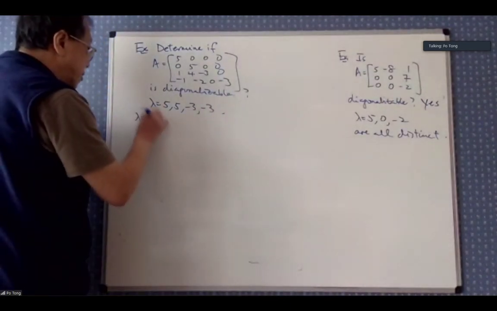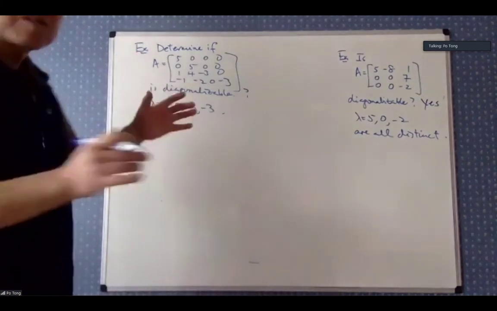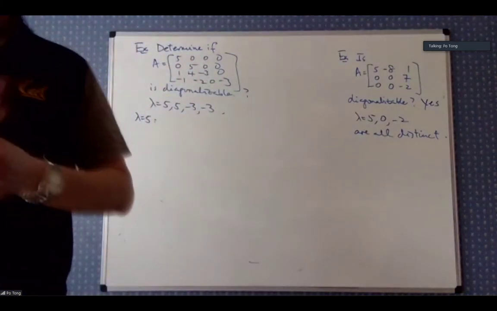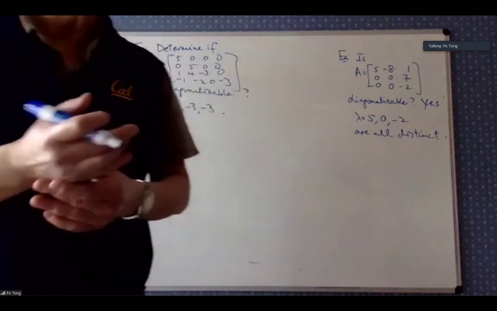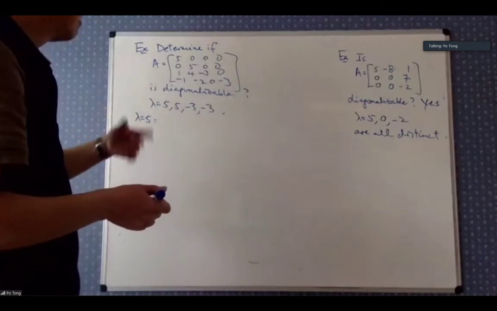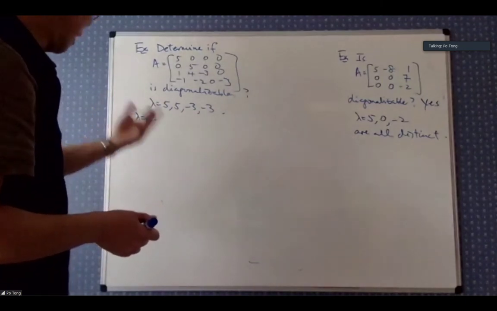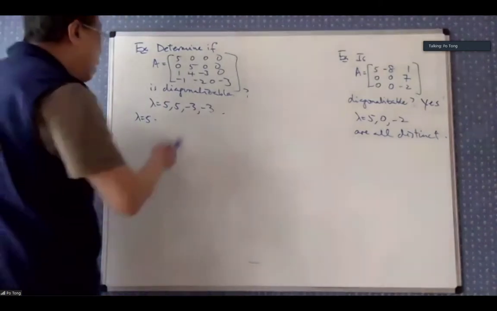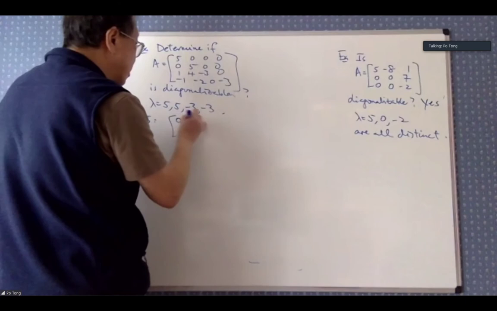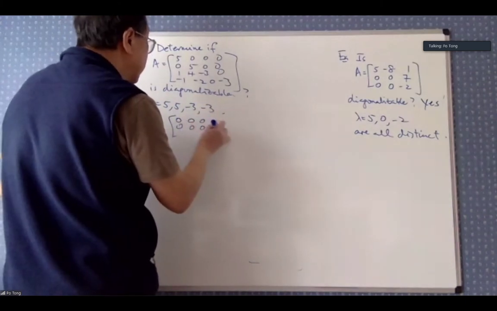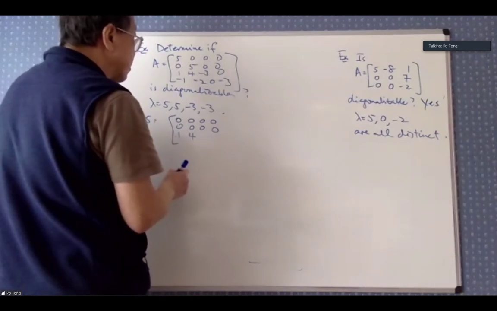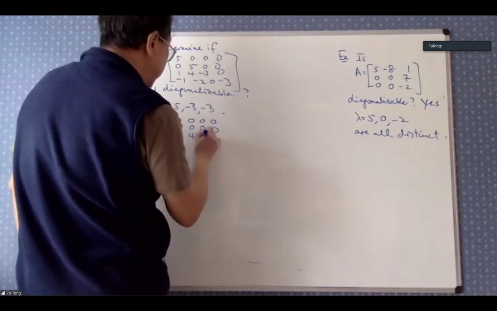Now for lambda equal to 5, I want to get an eigenspace of dimension 2. I want to have 2 free variables when I solve Ax equals 5x. So subtract 5. Subtract 5 is just a bunch of zeros, 1, 4. Subtract 5, -8.